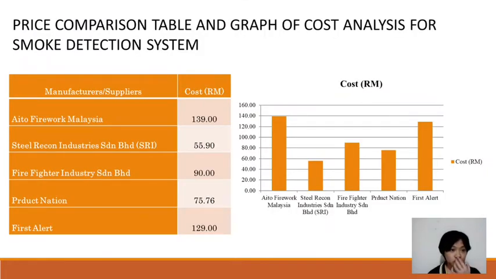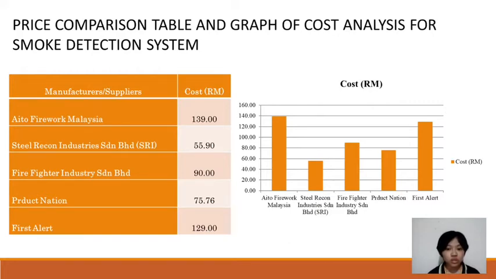So this is the table of price comparison for five manufacturers and suppliers for smoke detection system, and the right side is the graph of cost analysis of smoke detection system.